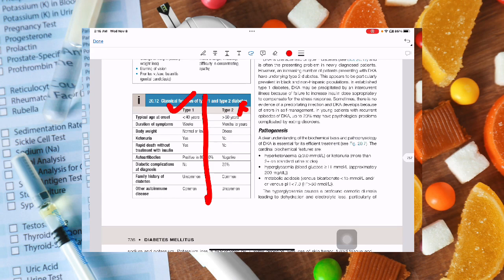On the other hand, type 2 patients are usually older, more than 50 years of age, and their presentation is slow. They don't present with polyuria, polydipsia, polyphagia.